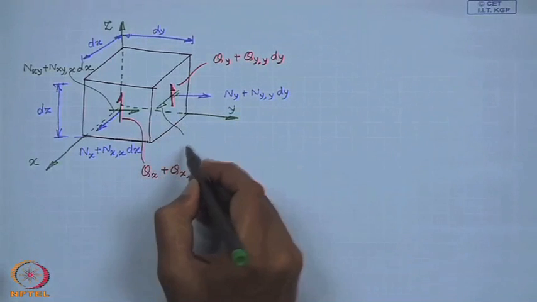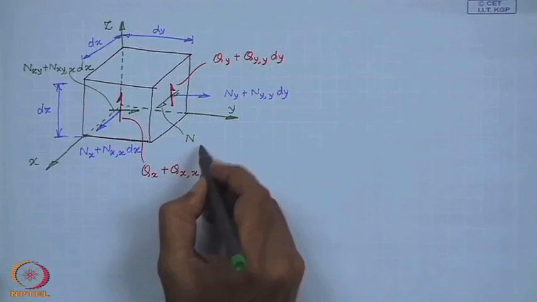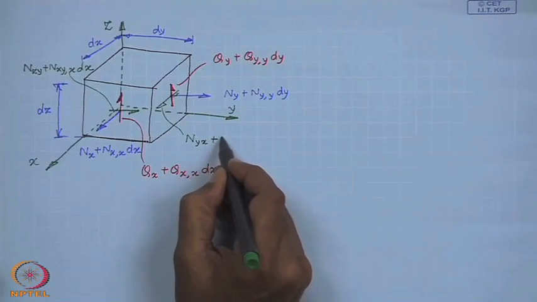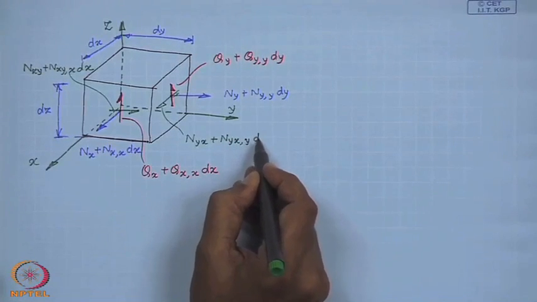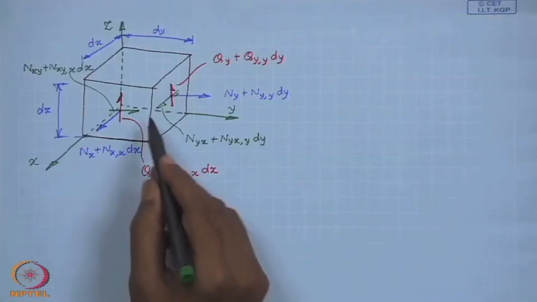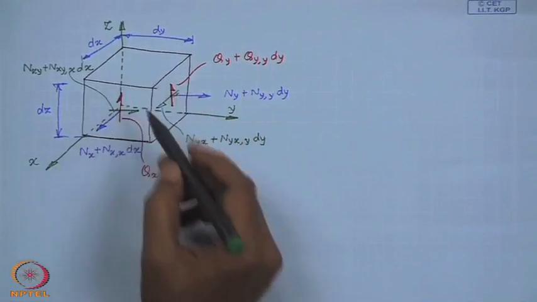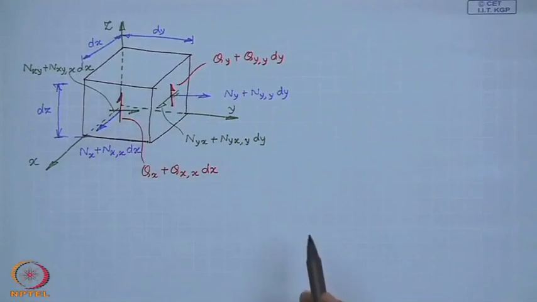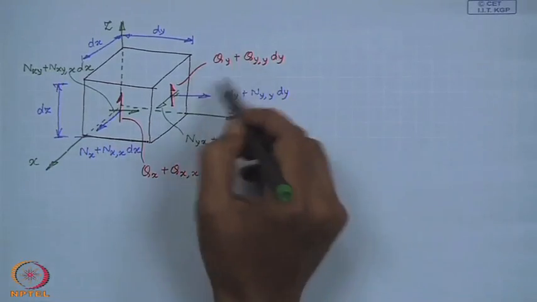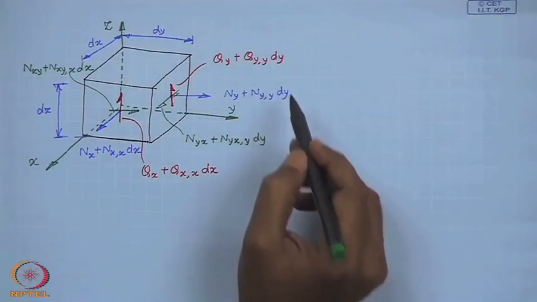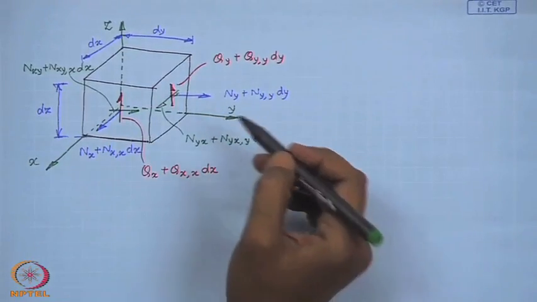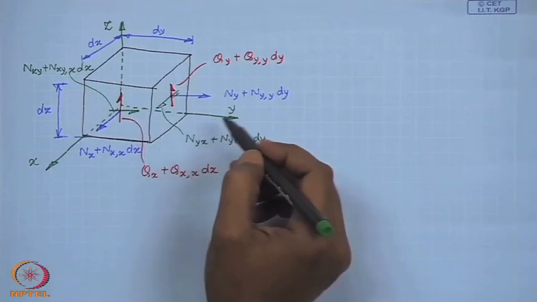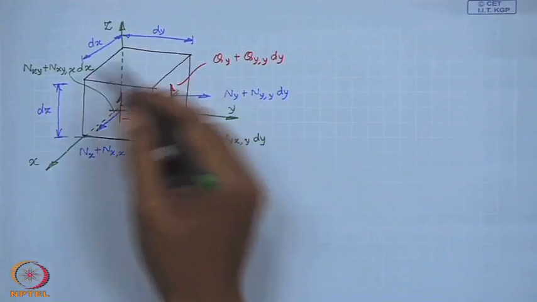On the other two faces you can imagine that they will be without this additional part and opposite in direction. These are the force resultants.